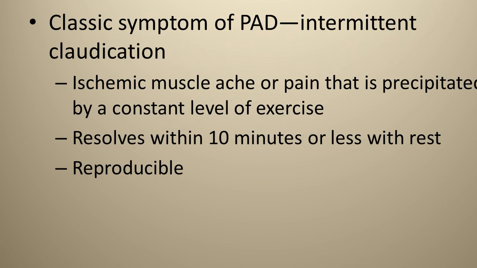Okay, I don't expect you to know, but just know that some of the key features with chronic peripheral artery disease, we can actually stage that disease. In stage 1, someone has the disease present but is essentially asymptomatic. Stage 2 could be claudication, and I'll explain what claudication is. Stage 3 is resting pain.